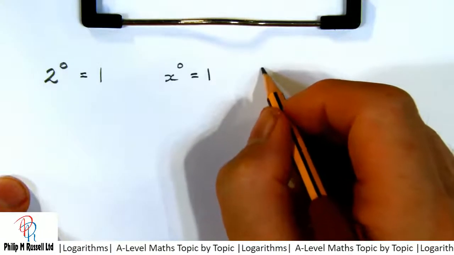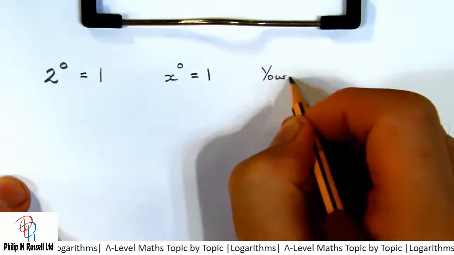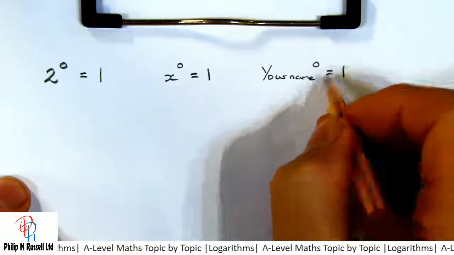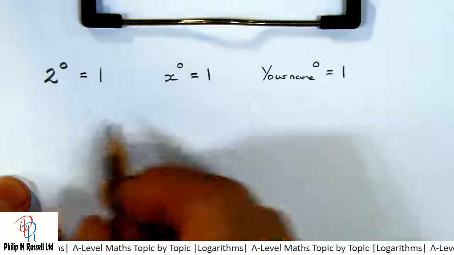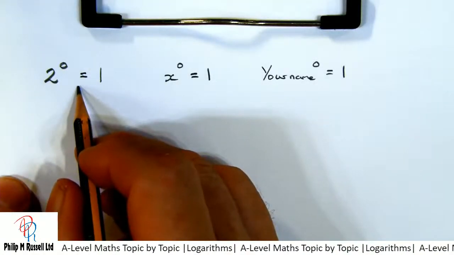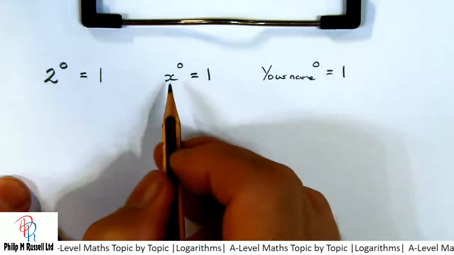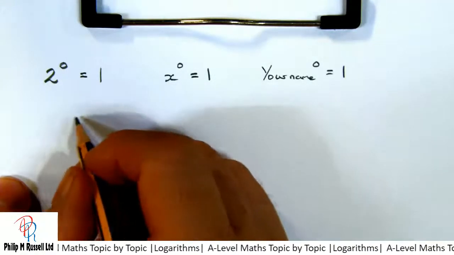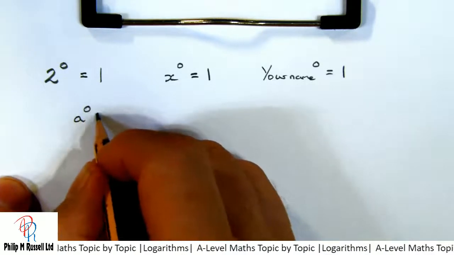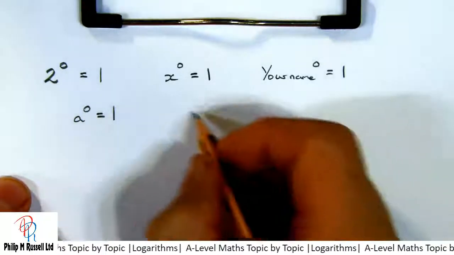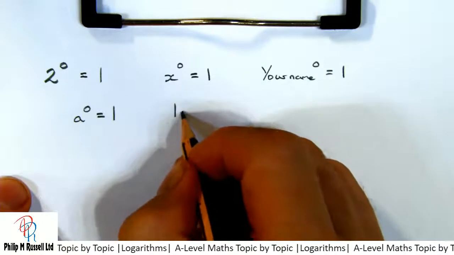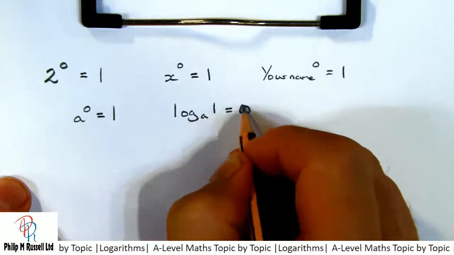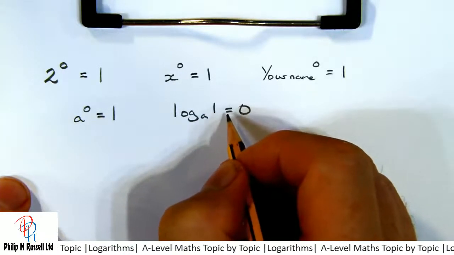And as I tell my students, even your name to the power of 0 will equal 1. Let's write this in the form of a logarithm. So if I've got a to the 0 equals 1, then we write that as a log, and we say that the log of 1 equals 0.